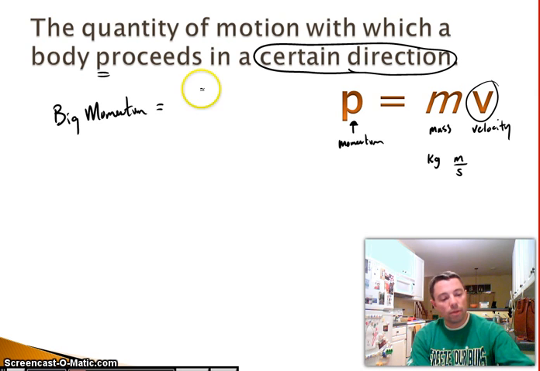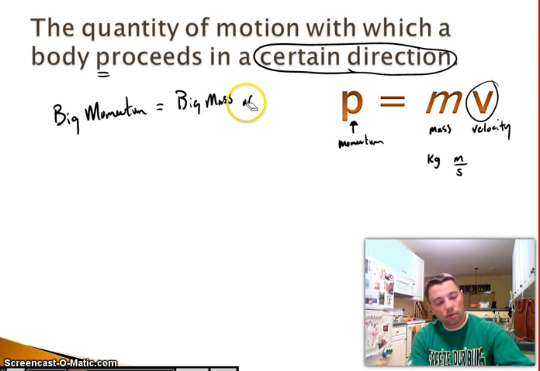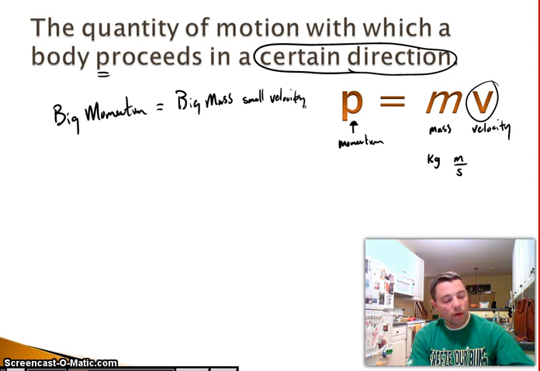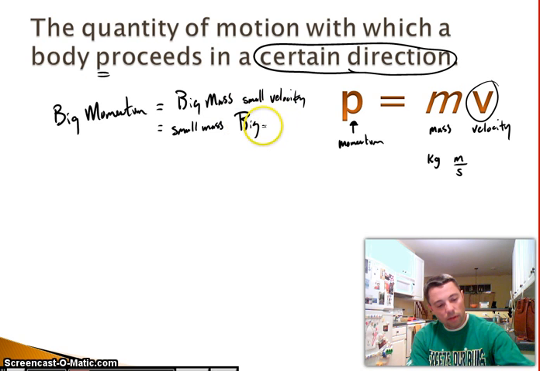Either I have a very big mass with a small velocity, or I could have a small mass with a big velocity.